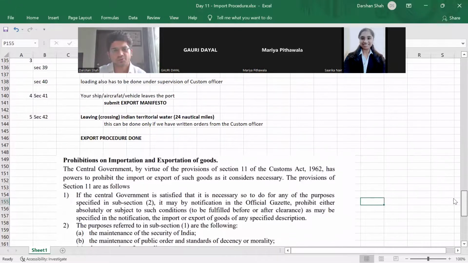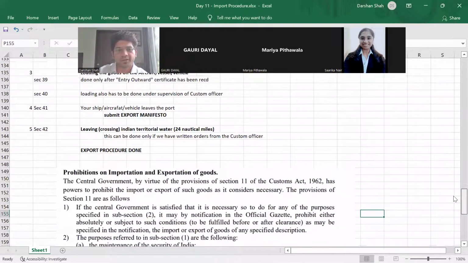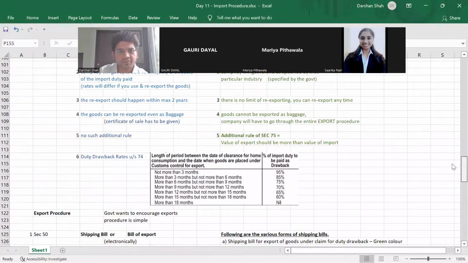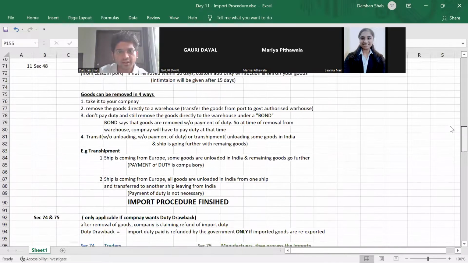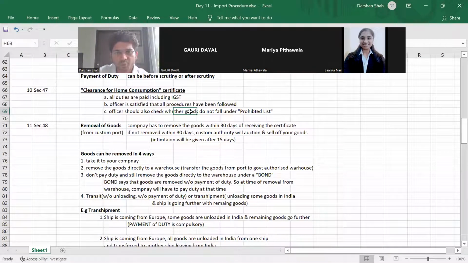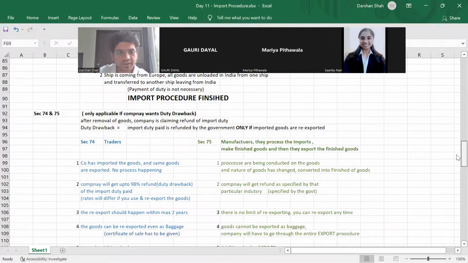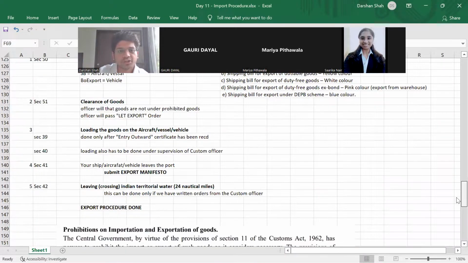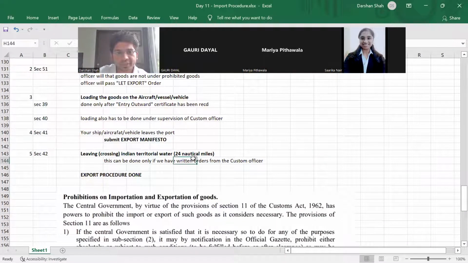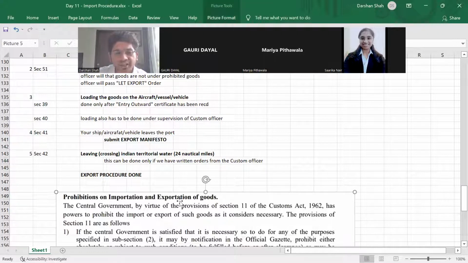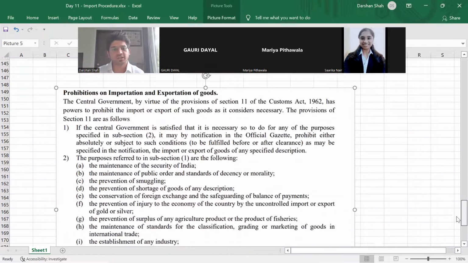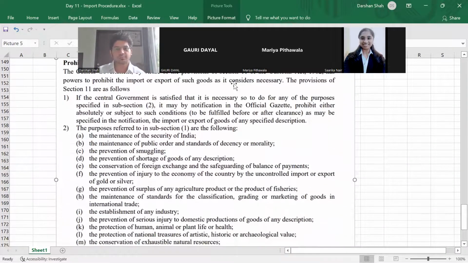Everywhere what we had done, in import duty, in import prohibition, the officer should check whether goods do not fall under the prohibited list. In export procedure also, it should be checked that they do not fall under the prohibited list. So why imports and exports might be prohibited, I have given a list. Just go through that list.